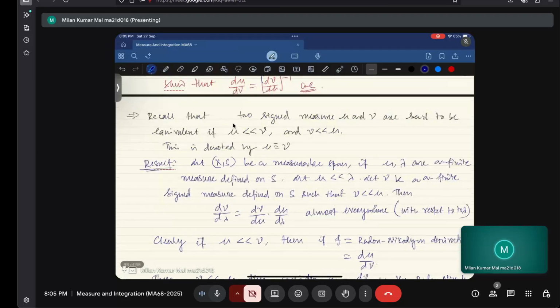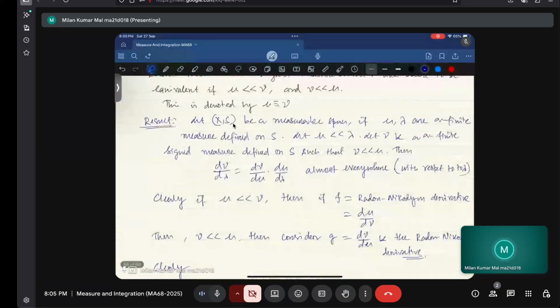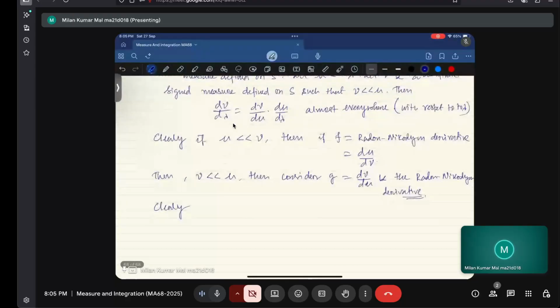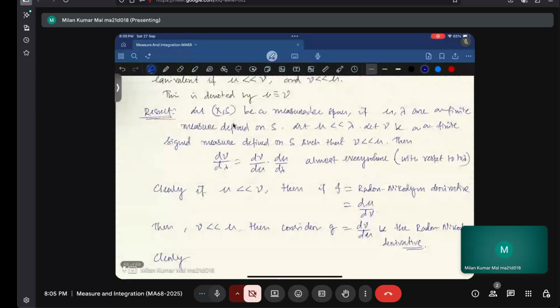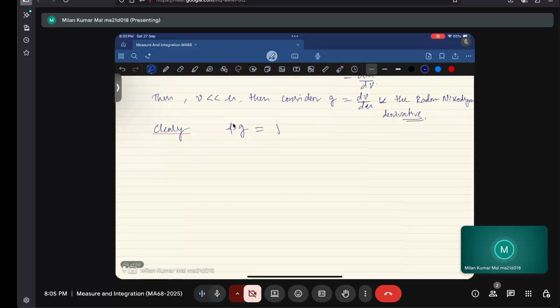So if we write d mu is d mu by d nu times d nu by d mu, clearly f times g is equal to 1.